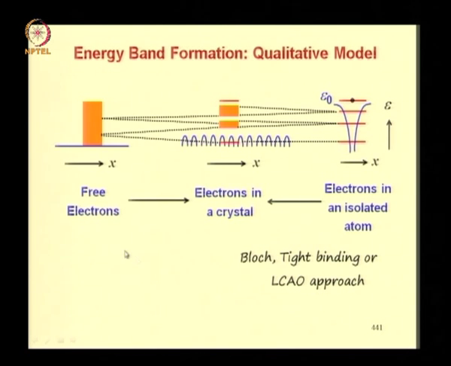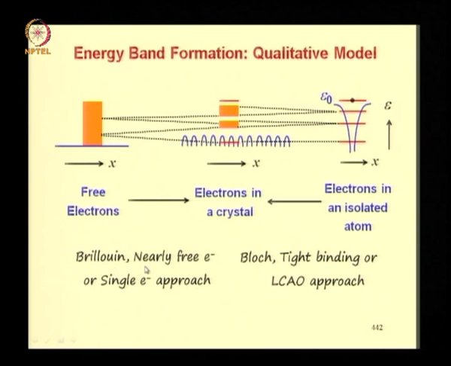You can have an alternate approach in which you develop forbidden energy bands rather than allowed energy bands from the picture of free electrons, in which all the energies are allowed for the free electrons. So from a continuous band of allowed energies you are developing forbidden bands. This approach is referred to as the Brillouin nearly free electron or single electron approach.